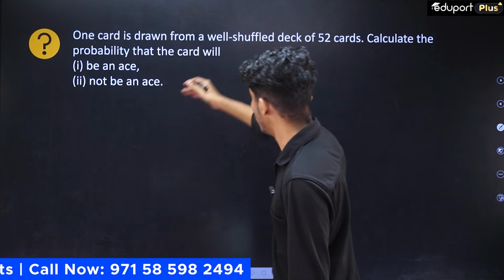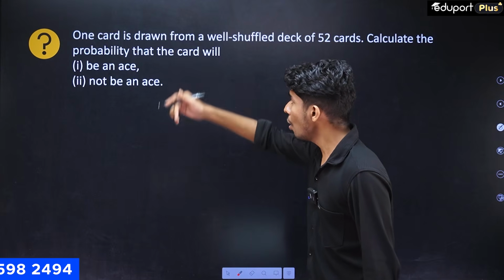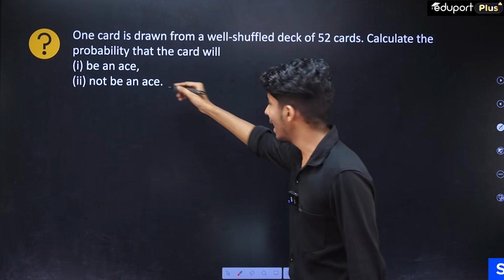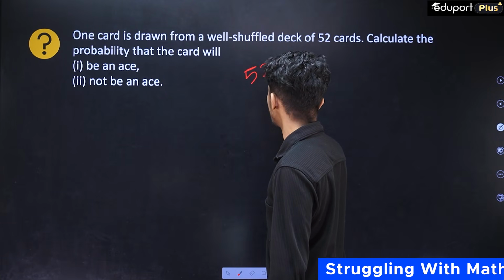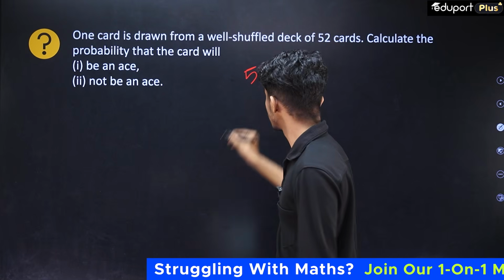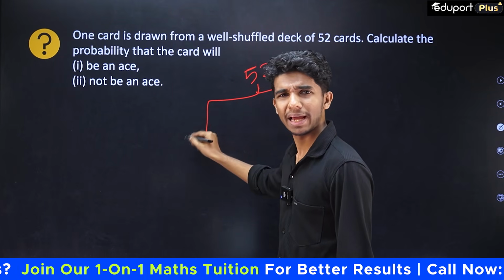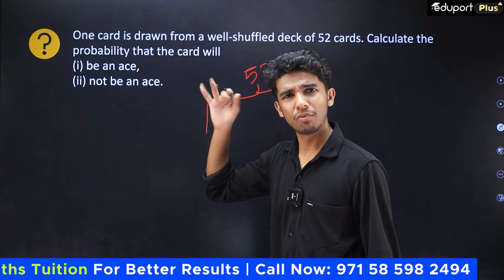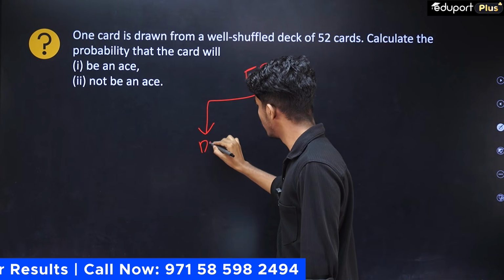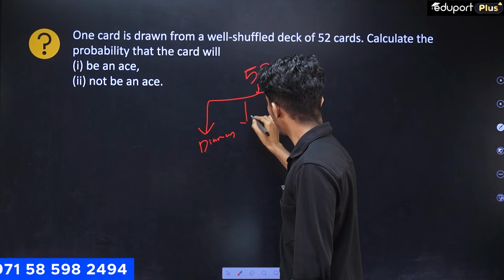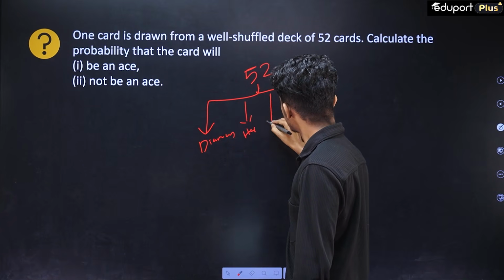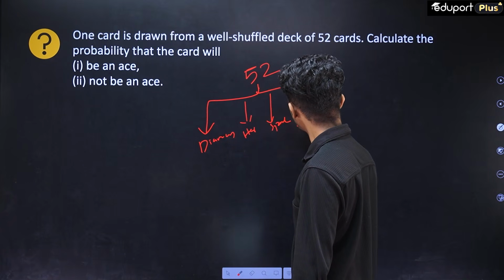Okay, the card problem. We will have 52 cards. Everybody knows that we will have 52 cards. Under these cards, you have two sections, red and black. Just avoid that. Just take diamond, heart, spade, and club.